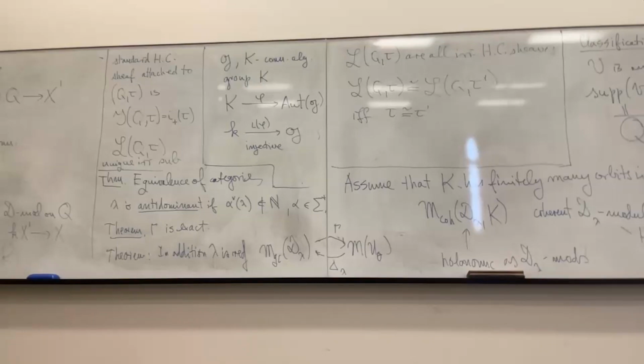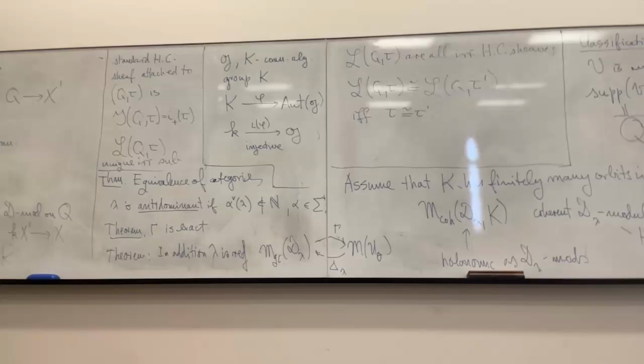And if lambda is regular, it will give you a finite dimensional representation of your group. If it's singular, the global sections vanish. So exactly, you get what you would expect. Okay, so this gives us a classification, and my time is almost up.